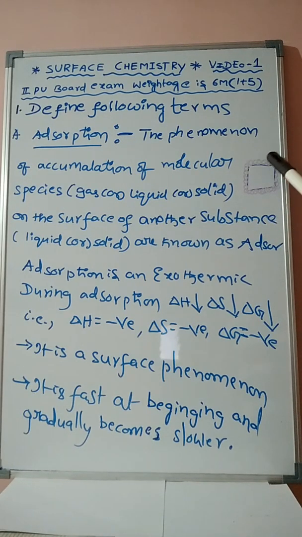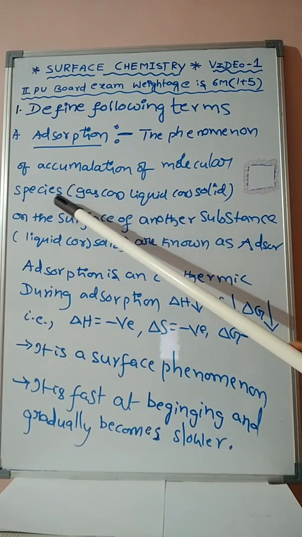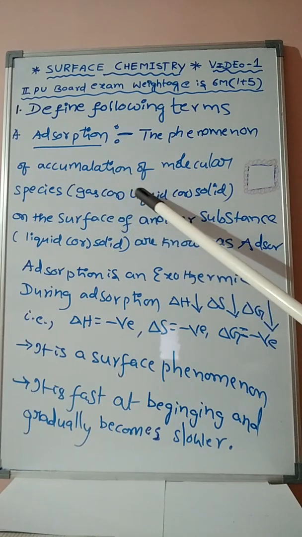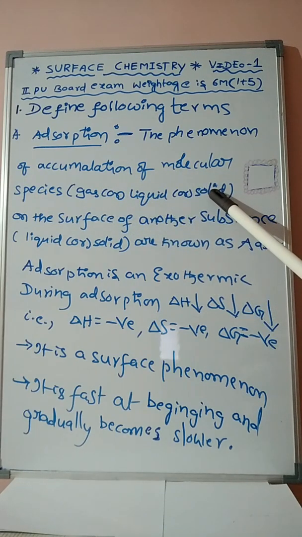The blue color line provides surface area for adsorption. The other color accumulates on the surface of the blue color line. Here, important, student: the molecular species which accumulate on the surface of another substance can be either gas or liquid or solid.